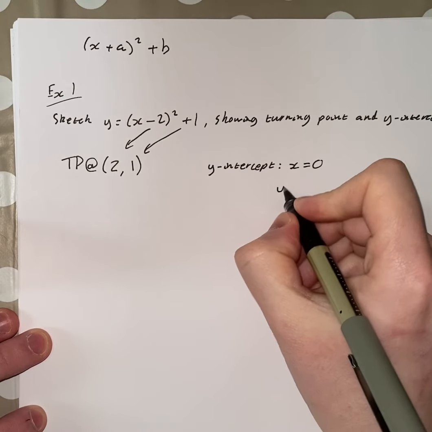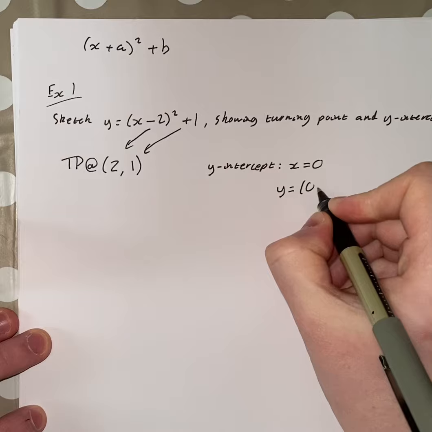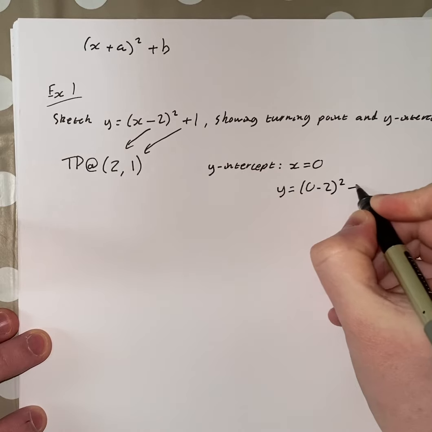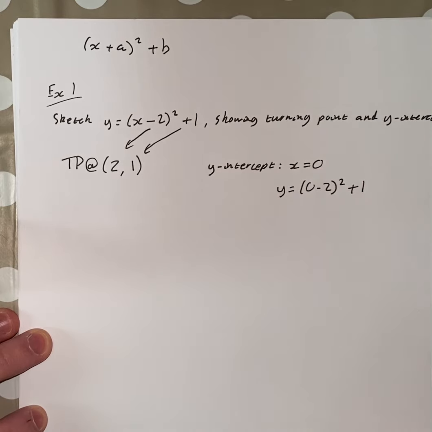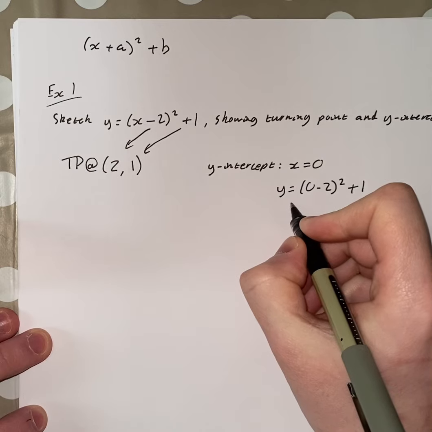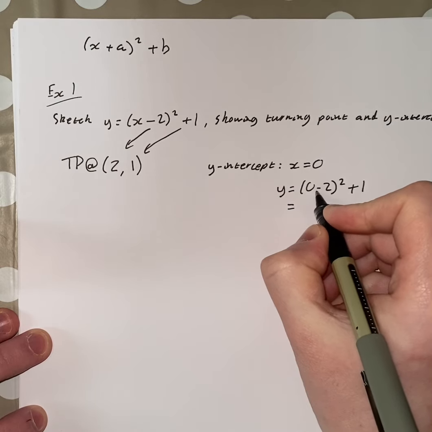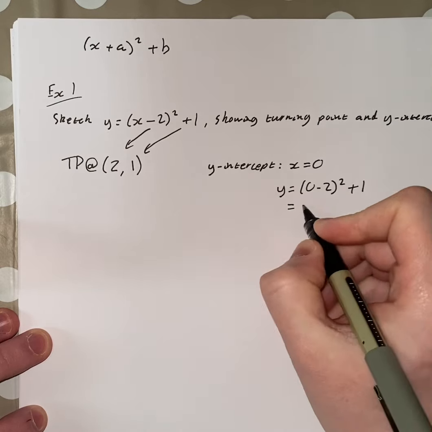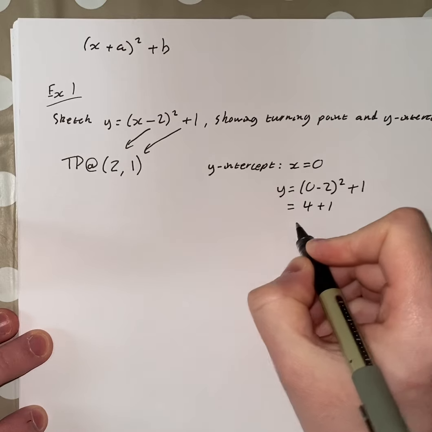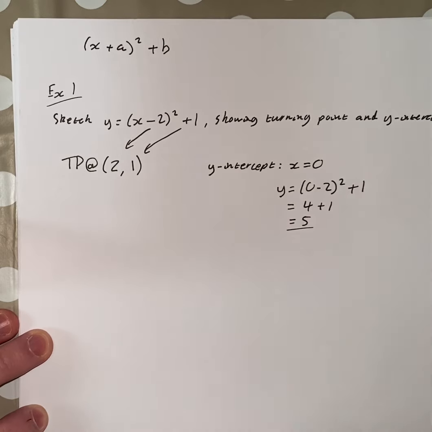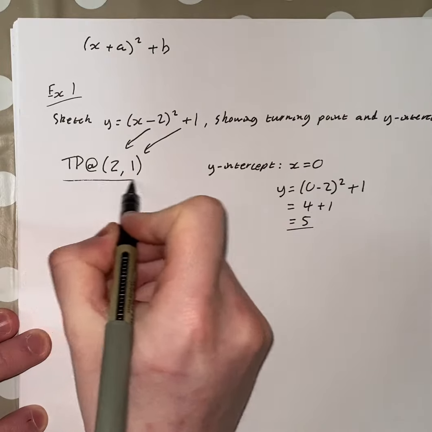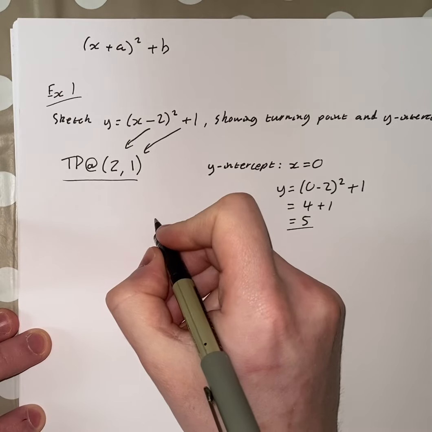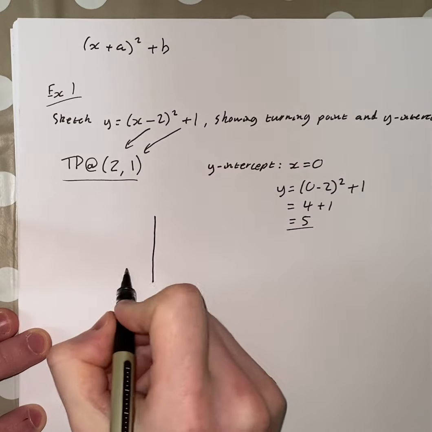All we have to do now is say, well, y equals (0 minus 2) squared plus 1. We're just taking that 0 and substituting into our original equation. 0 take away 2 is negative 2, square that is 4, plus 1 is 5.